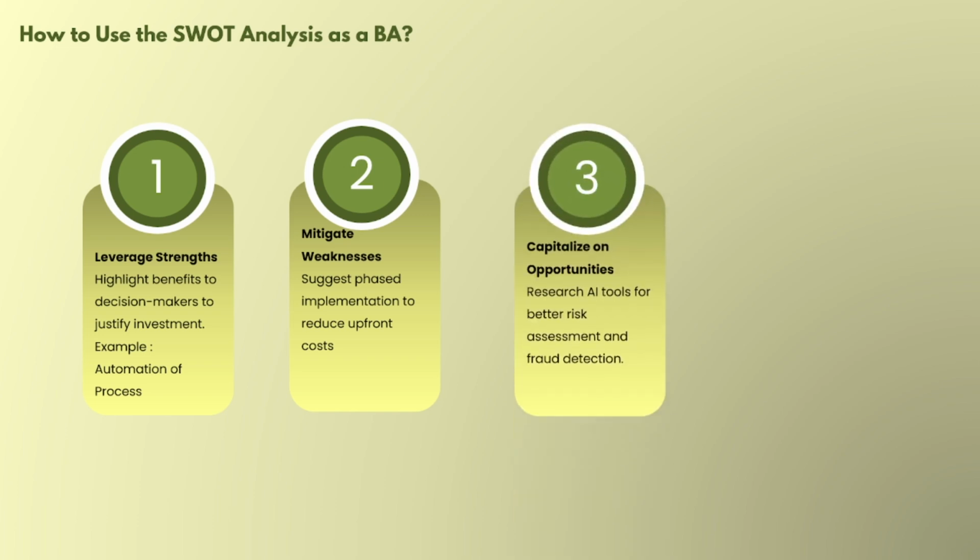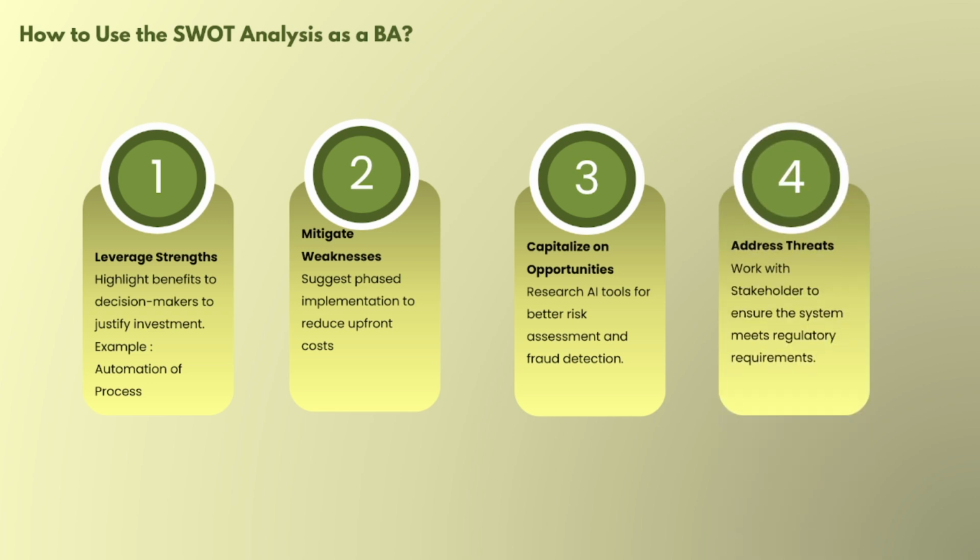Then capitalize on opportunities, meaning whatever the opportunities are in the market, like researching AI tools for better risk assessment and fraud detection. So when we spot good opportunities like new tools, we explore them and see how they can add value, like improving risk checks and catching fraud early. And the last is address threats.